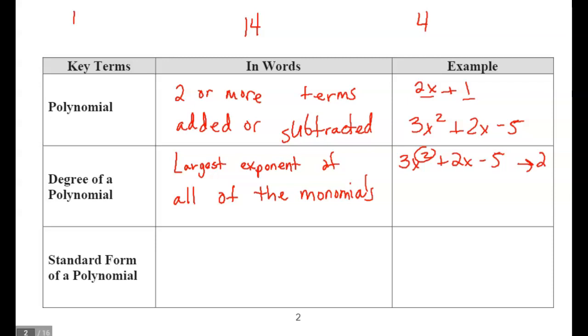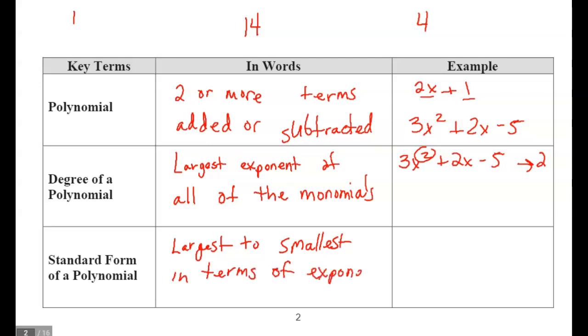And you'll notice we have something called standard form, which I've been doing here. Okay, it's where you just go largest to smallest in terms of our exponents. Largest to smallest in terms of exponents. So I have something like this, 7x minus 4x cubed plus 2x squared.